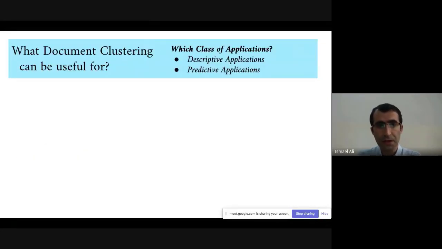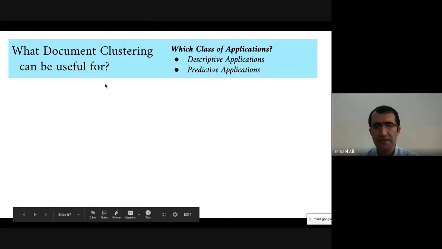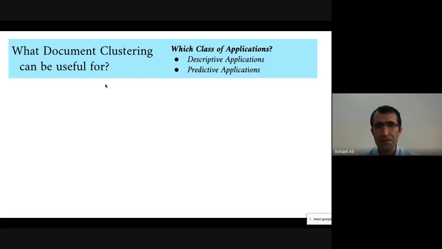Before going into the code, let me ask you this question. When we do document or text clustering, what will the result be useful for? Or before that even, what kind of application is that? Is it going to be a descriptive application or predictive? Which class of application is this? Are we describing data or predicting patterns in data?